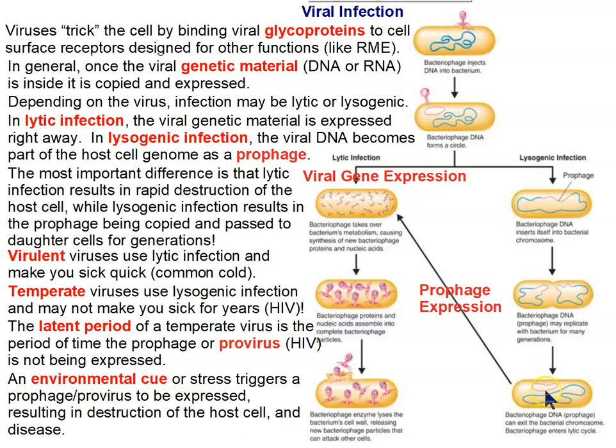What triggers the provirus or prophage to exit the host chromosome is some kind of environmental cue or stress. The end result is the same, though. It results in destruction of the host cells. So again, in the case of HIV, the host cell would be T cells, part of the immune system. And it's the destruction of those cells that actually causes the disease, AIDS, acquired immunodeficiency syndrome.